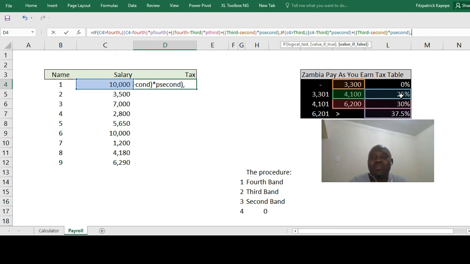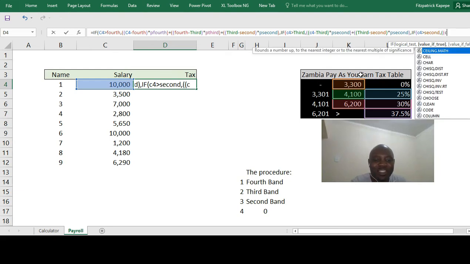Now we want to find if the value is false. Again, we type if C4 is greater than 3,300, meaning that the salary is between 3,300 and 4,100. So if the salary is between 3,300 and 4,100, what does it mean with the tax? Again, we'll do like this.